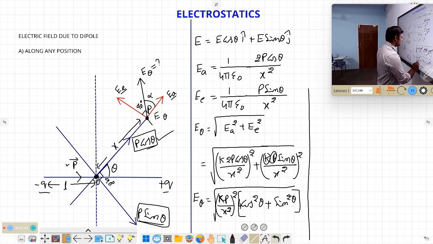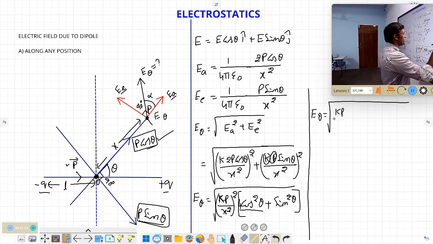I can write 4 cos square theta as 3 cos square theta plus cos square theta. So E theta is under root of Kp by x square whole square into 3 cos square theta plus cos square theta plus sin square theta.